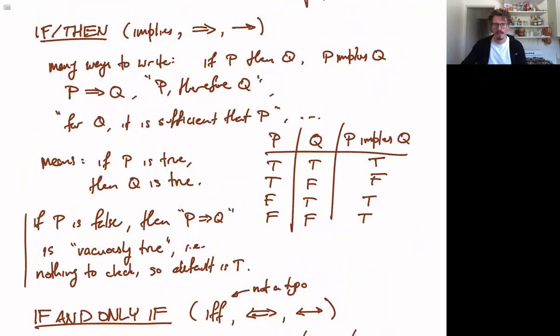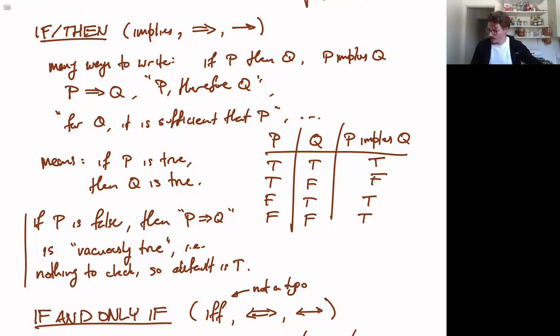So let's go back to this if-then, because we are getting a couple of questions about this. Why is it true when P and Q are false? This seems like an innocent until proven guilty approach. That might be a decent way of thinking about it. Somehow, that's what vacuous truth is kind of getting at, is that if there's nothing explicitly false going on, then let's just say it's true.